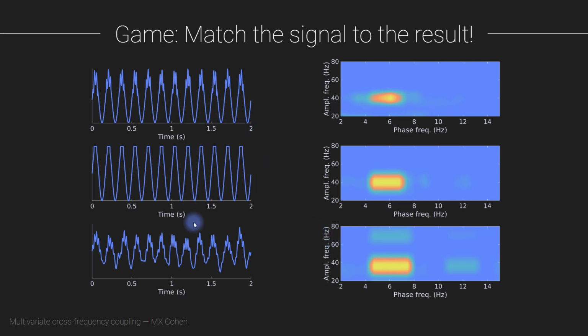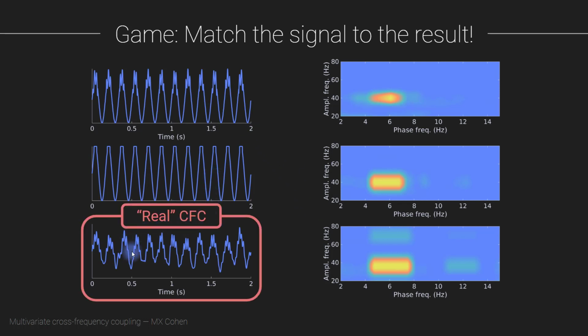Now, I created these signals, and it's difficult to say what is real cross-frequency coupling, particularly in simulated data. But the way that I generated this data time series is by taking 2 distinct signals. So I simulated one signal in theta and one signal in gamma. And then I was simulating that these 2 signals are interacting with each other. And then I projected them both to an imaginary electrode, a virtual electrode.